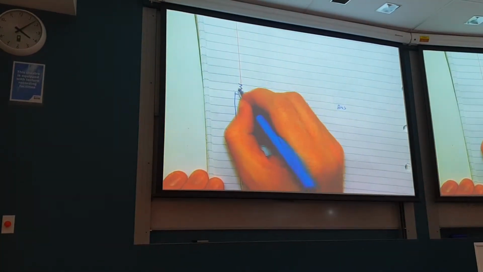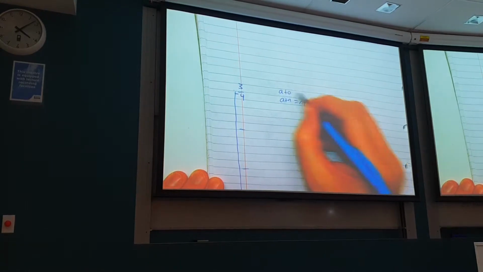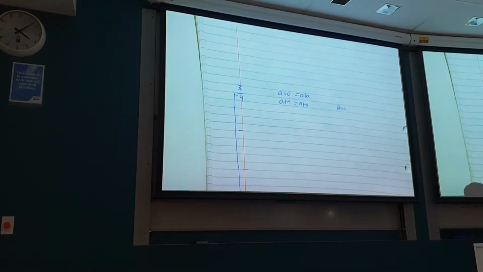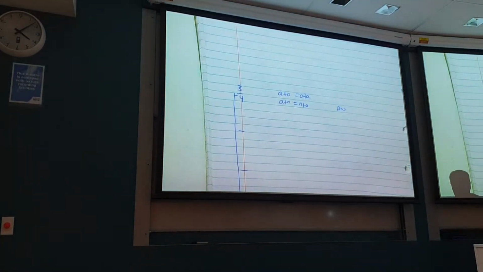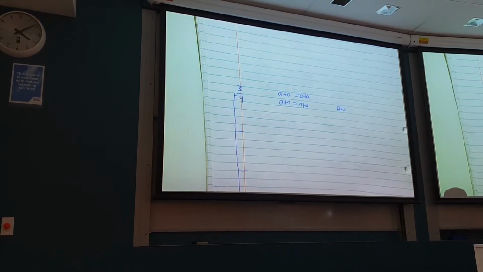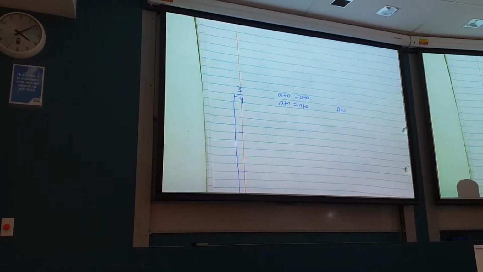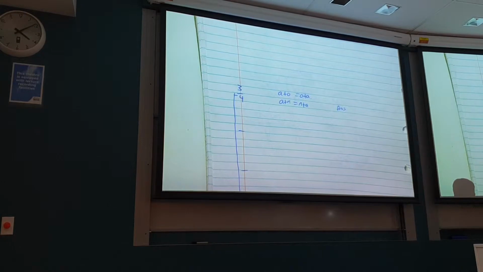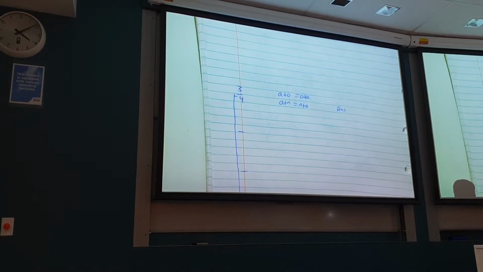Line 3. a plus 0 equals 0 plus a. Now, I want to prove that. Any thoughts on how I'm going to prove that? That's the easy one. We've done something a bit like that.